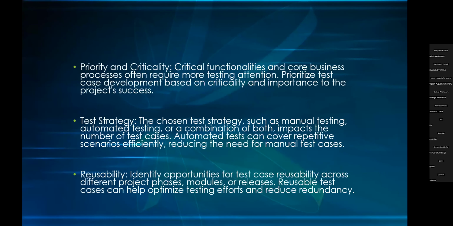Then we also have priority and criticality. Critical functionalities and core business processes often require more testing attention. Prioritize test case development based on criticality and importance to the project's success. Because core functionalities such as user registration, product browsing, and the checkout process are deemed critical.